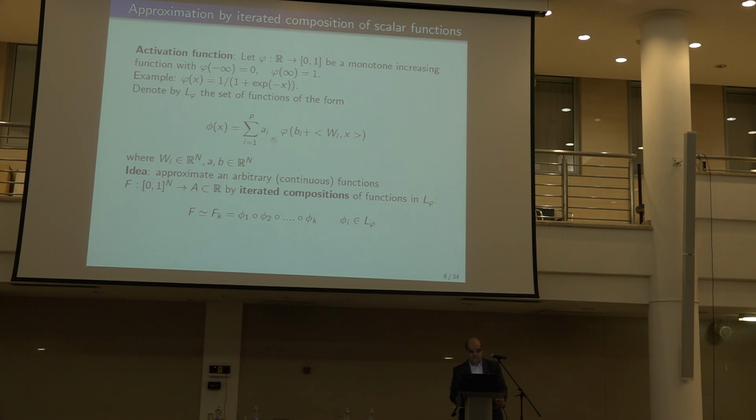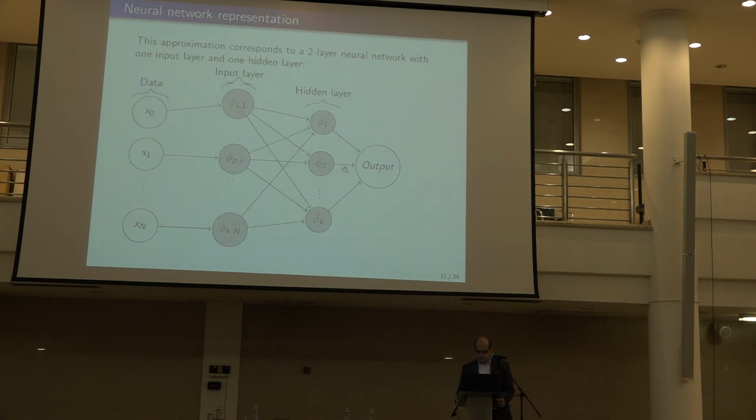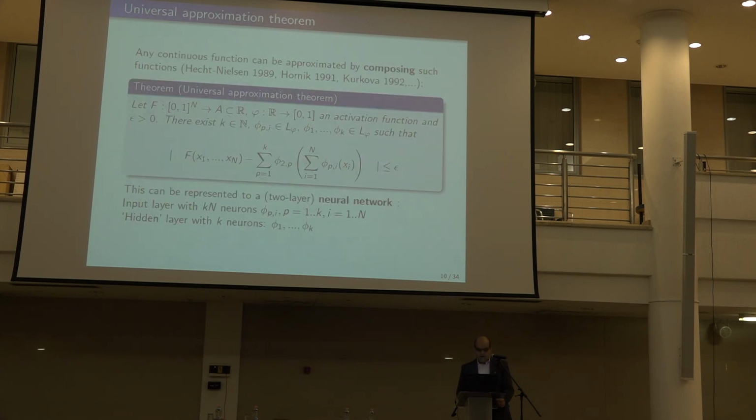So it's a function of this form for some choice of weights. There exist neurons with different weights attached to them, such that if you compose these neurons, this gives you an input-output function which approximates your n-dimensional function f to arbitrary accuracy.